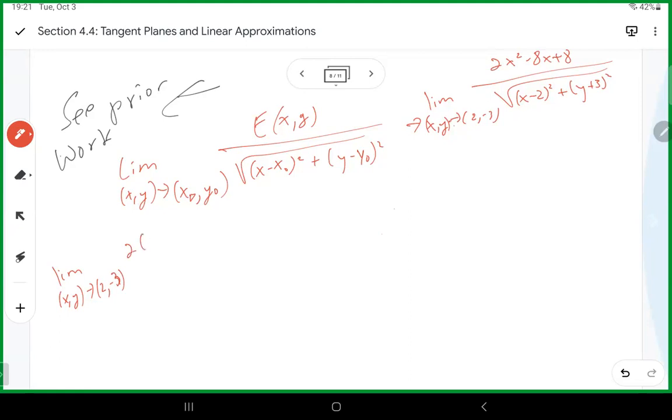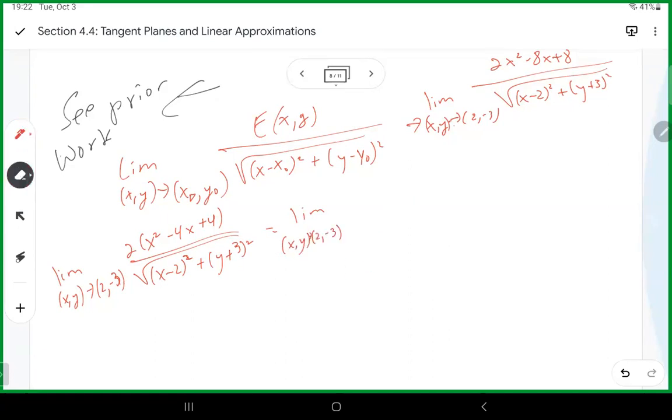Oh, we're gonna pull a 2 out, we get x squared minus 4x plus 4 over a square root of x minus 2 squared plus y plus 3 squared. Then I'm gonna write down the next.